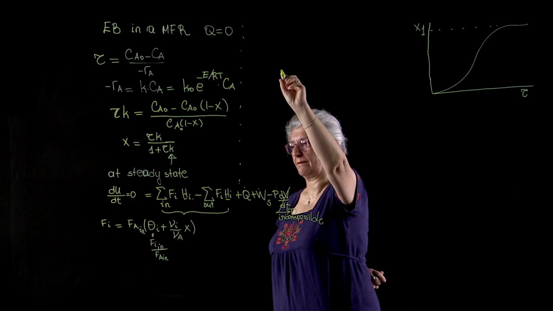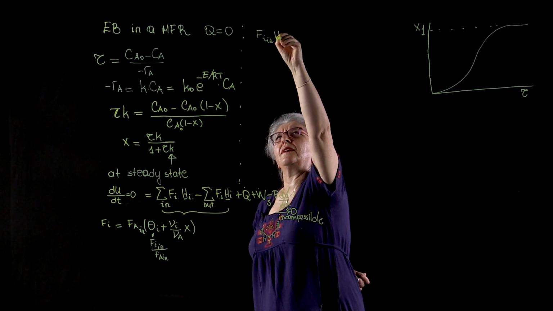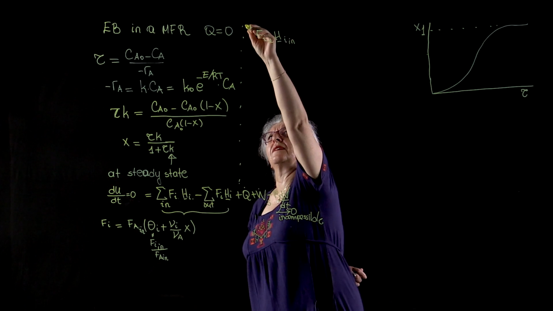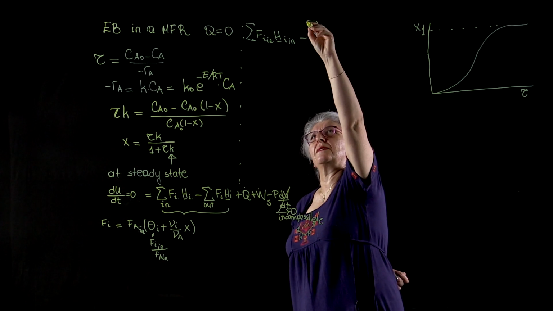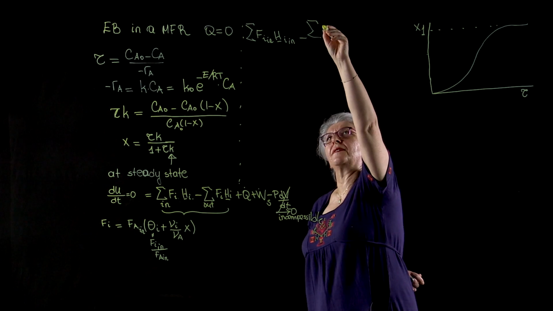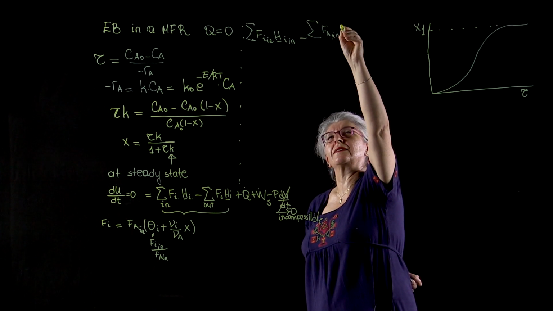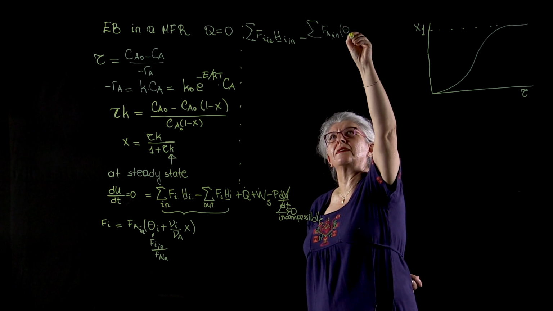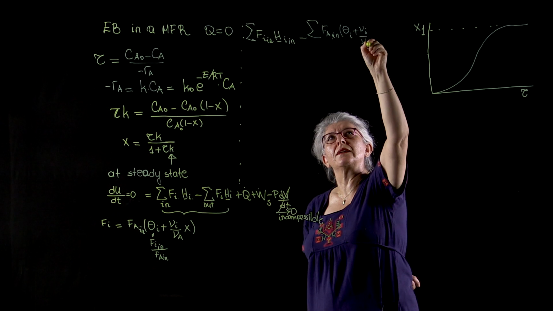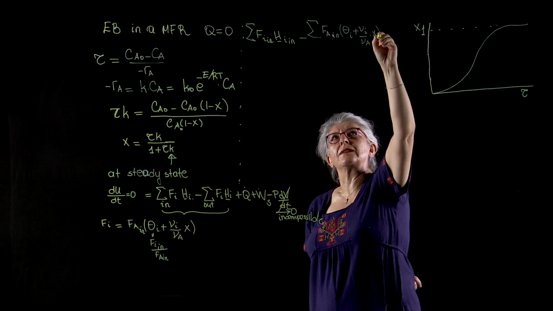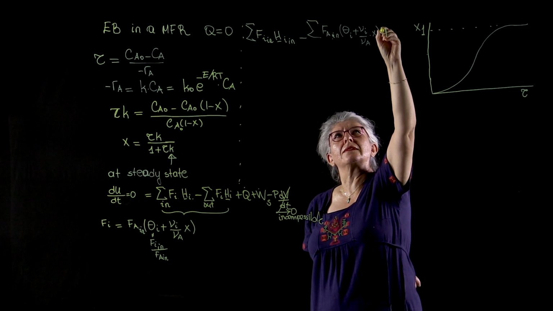So I have the summation of Fi in, Hi in, minus another summation of Fa0 times theta i plus nu i over nu A times x, times h out.